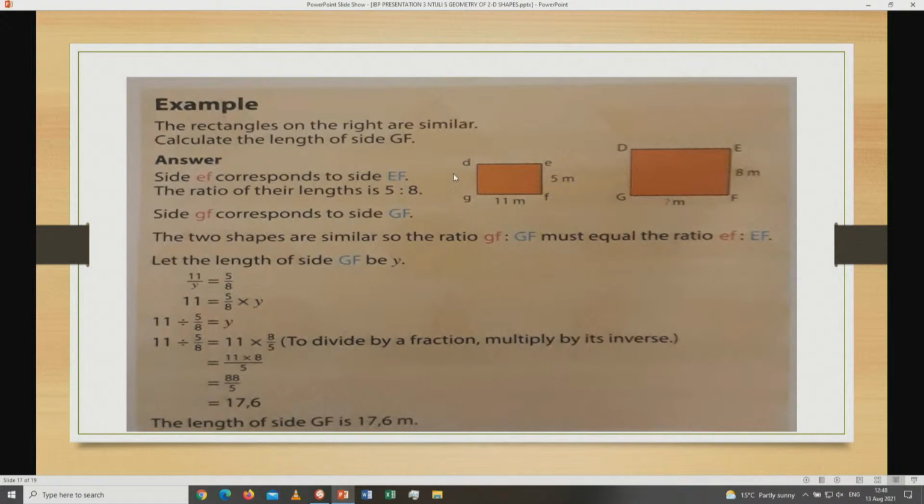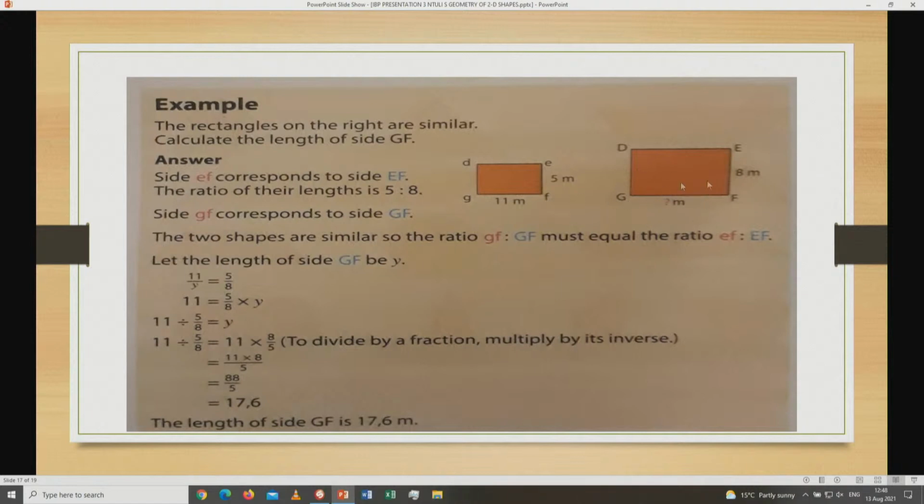Side EF, small EF, corresponds with the side capital EF, and their ratio is 5:8 because we are moving from this one to this one. So we start with this one where we started from. And then side GF corresponds with side capital G, capital F. The one is provided as 11 meters and the other one is not provided.